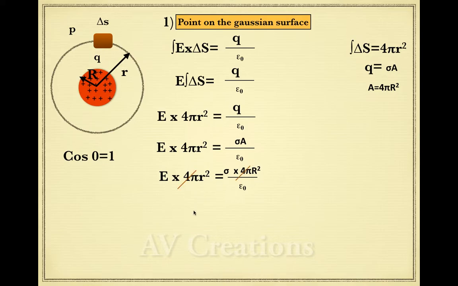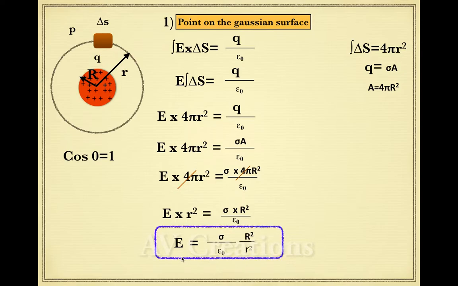This 4 pi and 4 pi will cancel each other. Then E r square is equal to sigma R square upon epsilon 0. So the expression for E will be E equal to sigma by epsilon 0 into R square by r square.